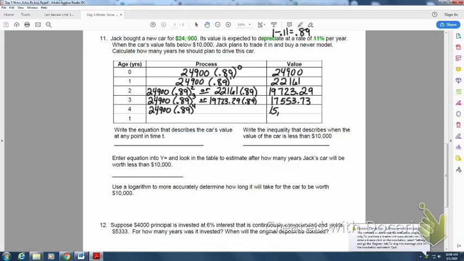And that would mean the car's value is $15,622.82. We found all that using this formula right here, which is what we will write down here below. It's asking for the formula. So that is what we would use.